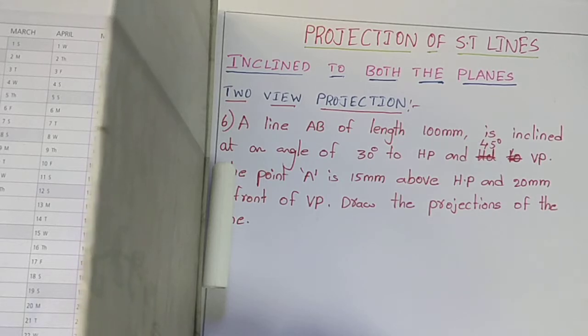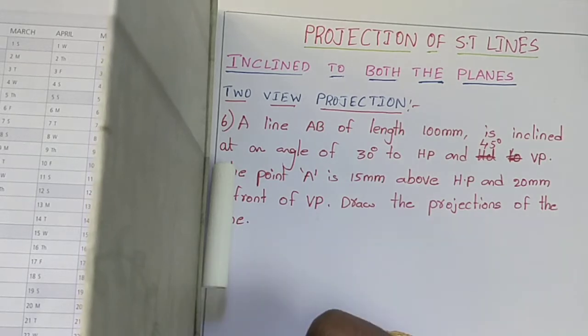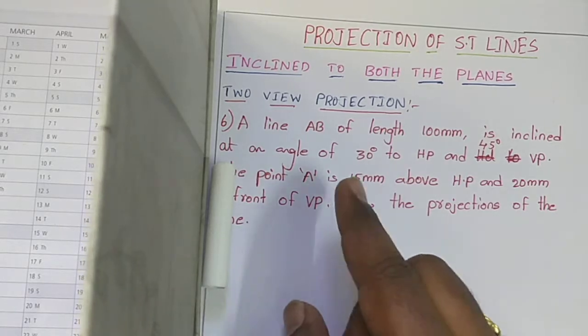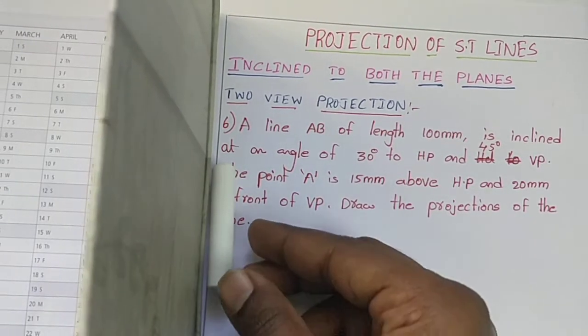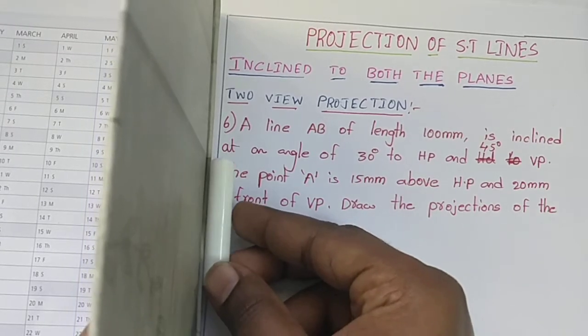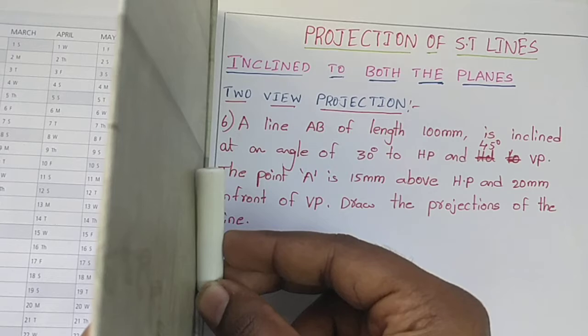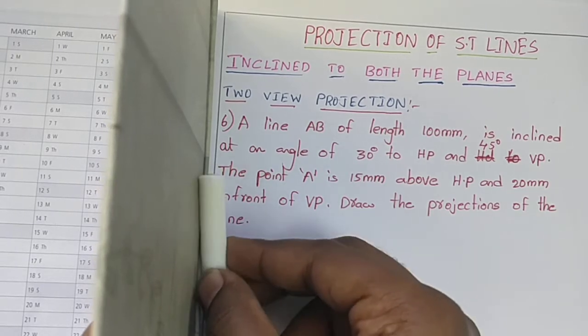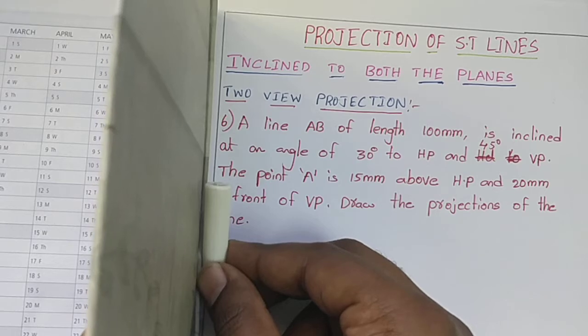Now the straight line of 100 mm length is inclined at an angle of 30 degrees to the HP, so I am tilting it with a 30 degree angle to the HP. Now the point A is on HP and the line makes an angle of 30 degrees to HP.